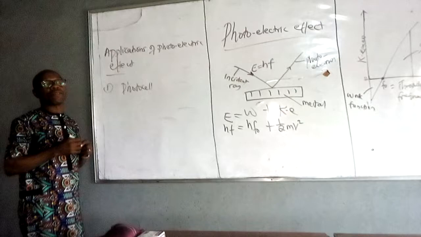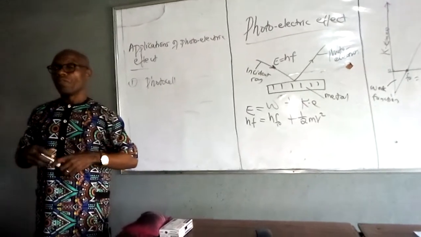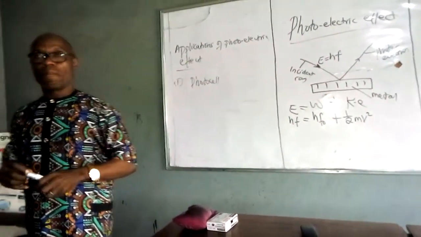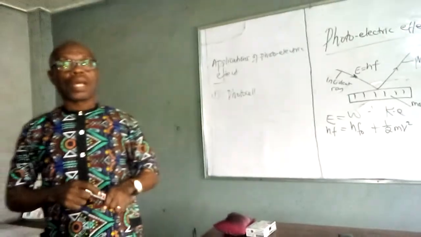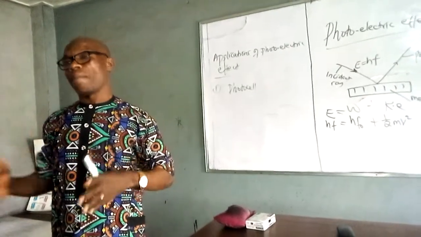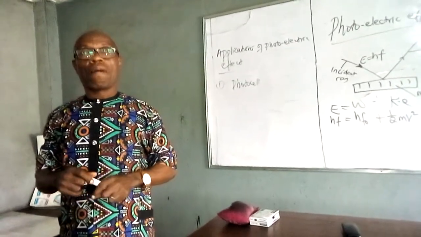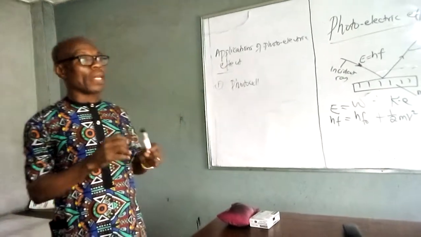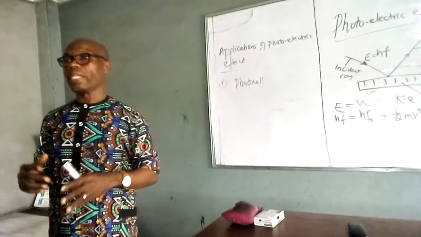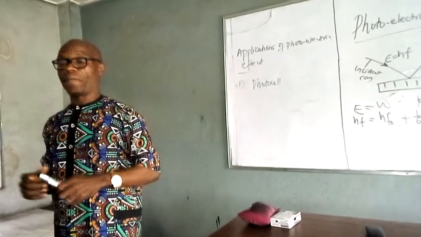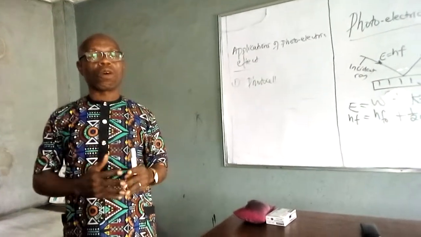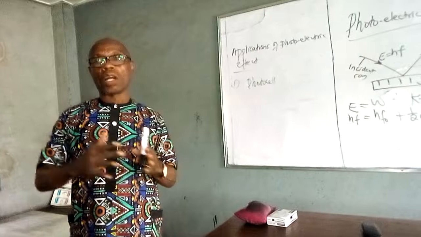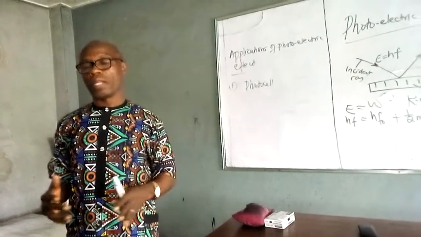Photocell circuits are used in burglar alarms and also in automatic door openers. It can be used for opening and closing of doors automatically.